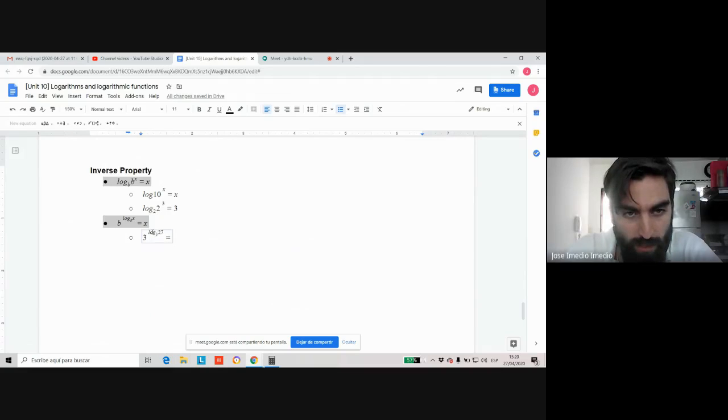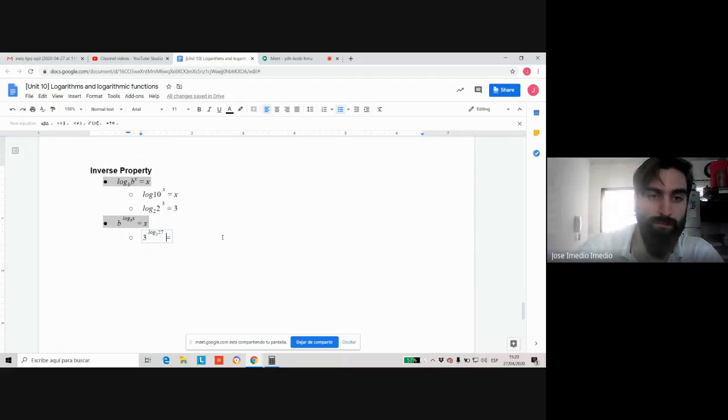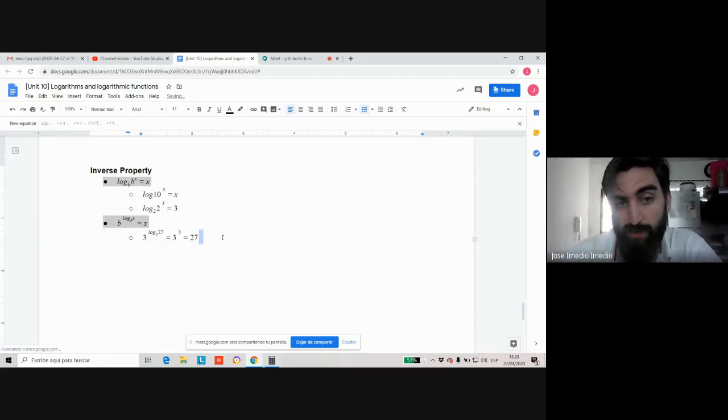Because the logarithm base 3 of 27 is 3. So this is going to be 3 raised to the third power. And this is going to be 27.